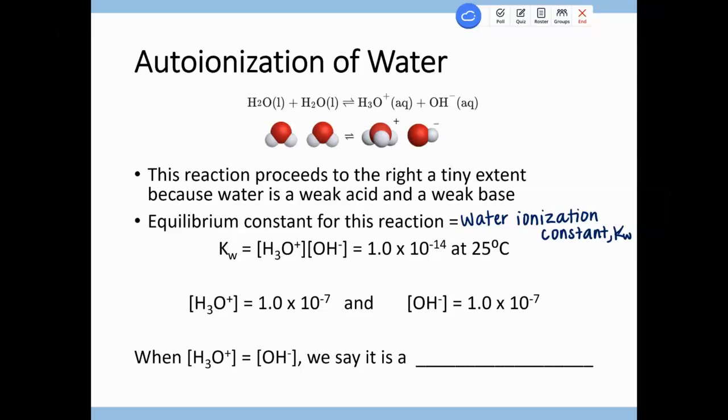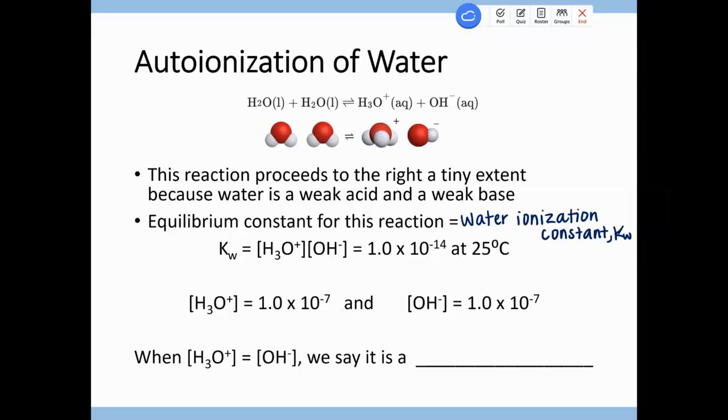In pure water without any acid or base present, H3O plus will equal OH minus concentration, and they will be 1 times 10 to the negative 7, both of them. You multiply that together, you get 1 times 10 to the negative 14.